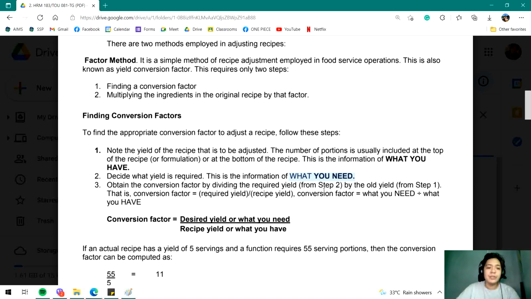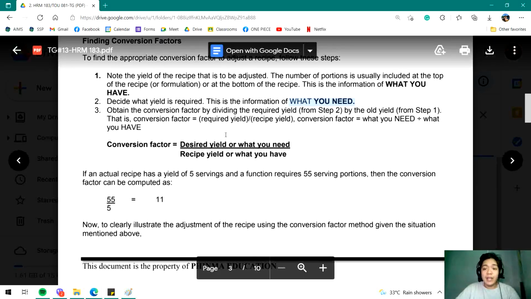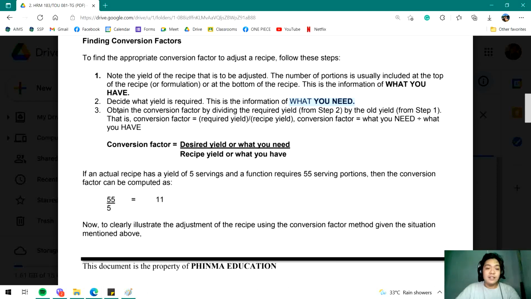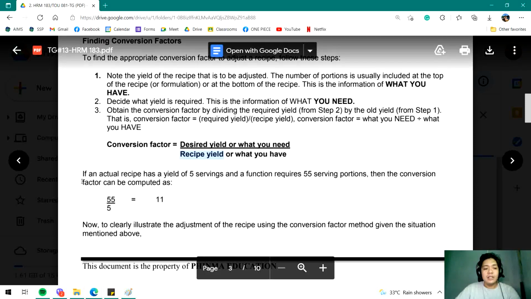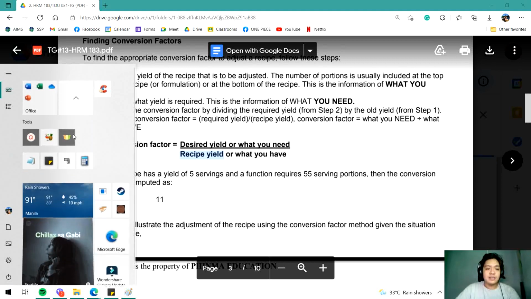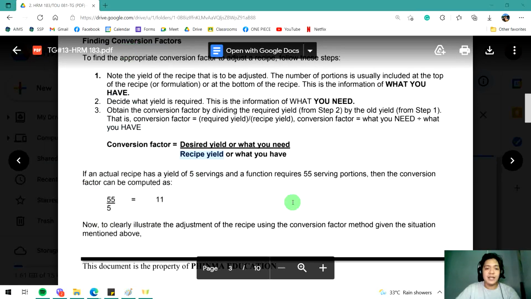So let's say for example, ito. What we're going to do is to divide the desired yield or yung kailangan natin divided by the recipe yield or yung information na meron tayo. So, dito sa example na to, wait, let me just open this para mas madali. Ayan.